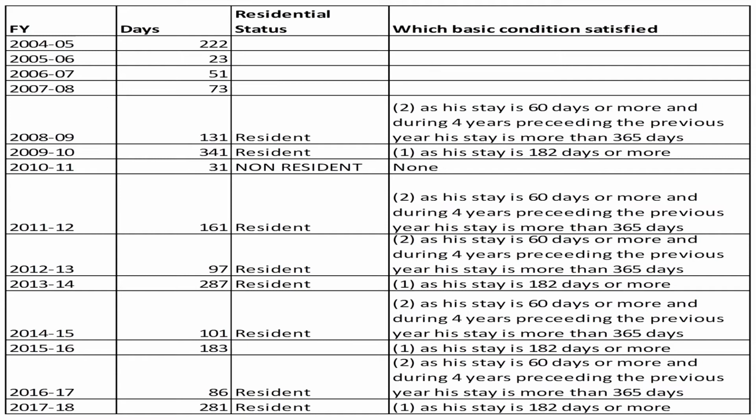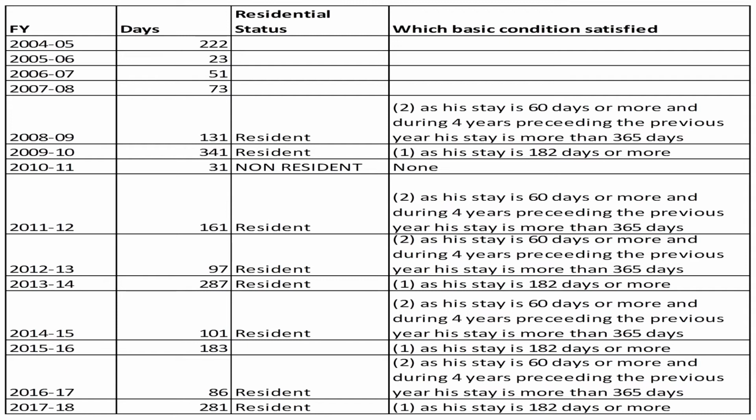If we come from backward, that is just preceding the previous year, that is 2017-18, he is resident in India because he stayed for a period of 281 days. That is, he satisfies 182 days or more, and that's why he is resident in India.